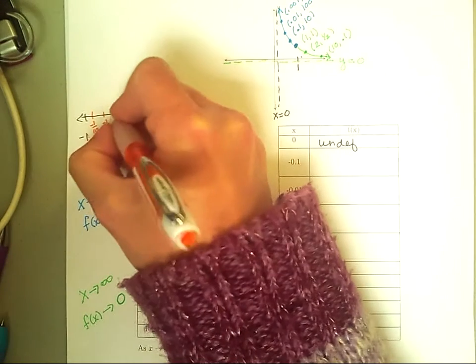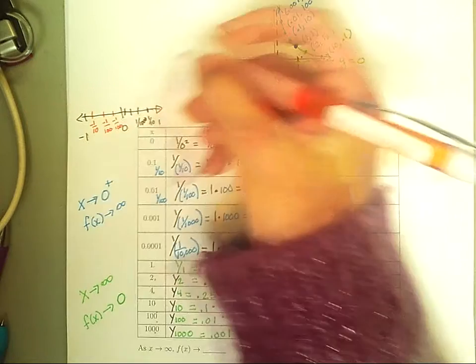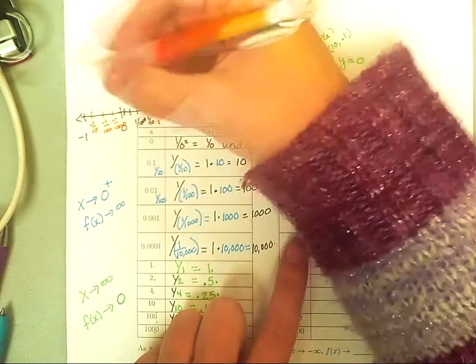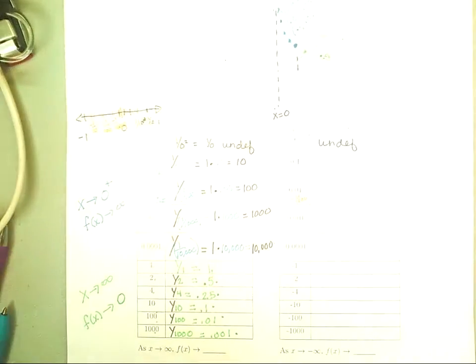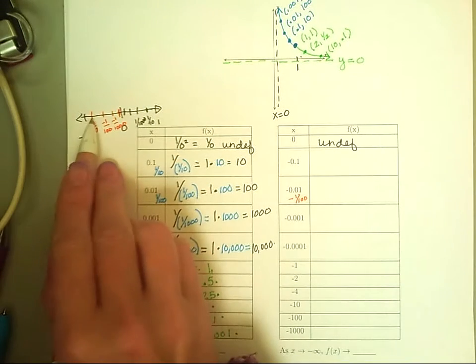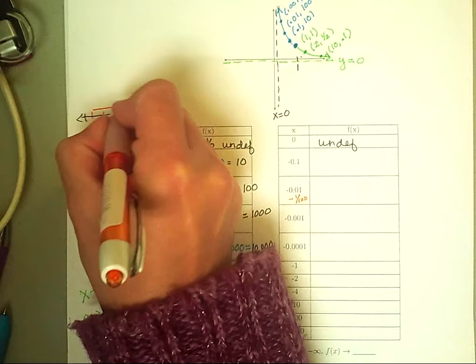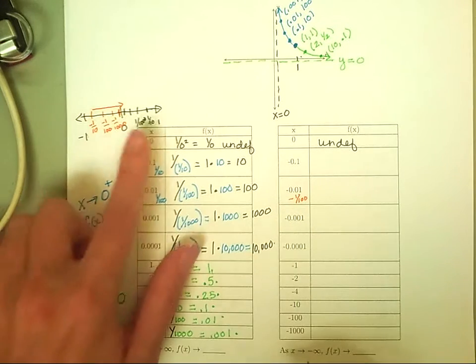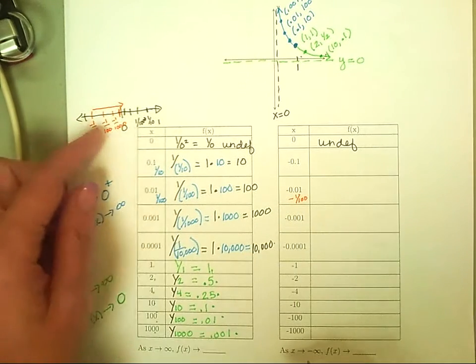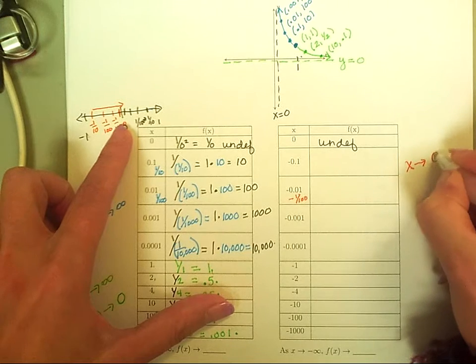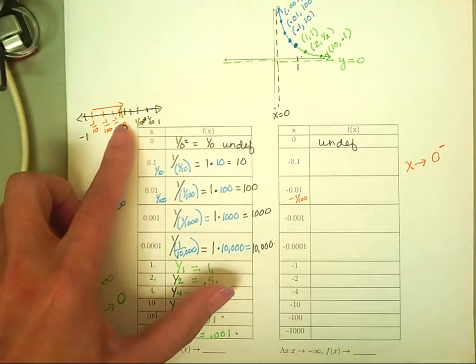And again, negative 1 over 1,000. 1 over 10,000 would be here. So what we're looking at is that the values that we've picked are going to 0. Now, not from the right-hand side, but they're approaching 0 from the left-hand side. And that's this notation.